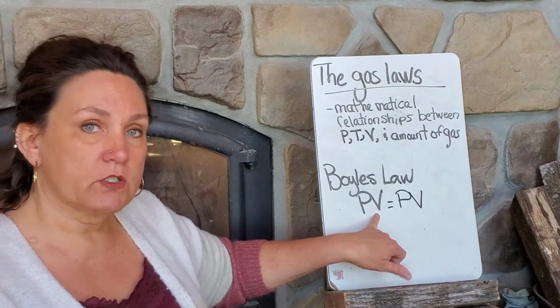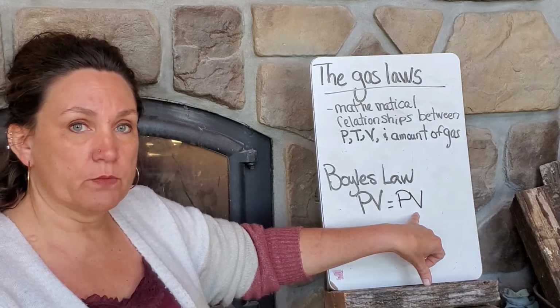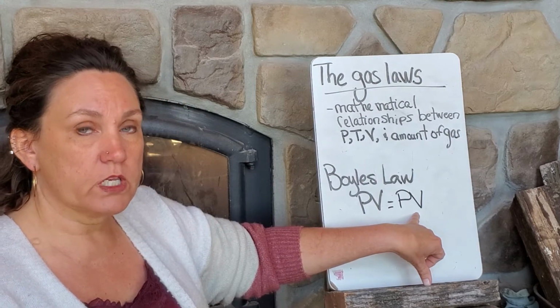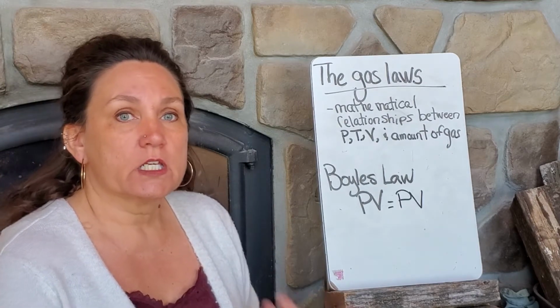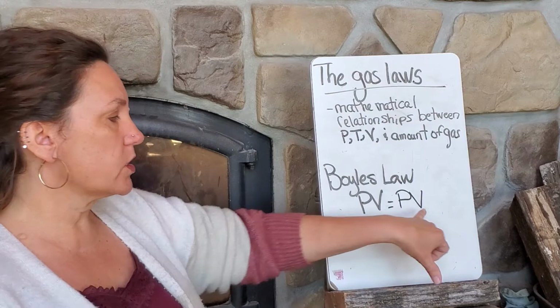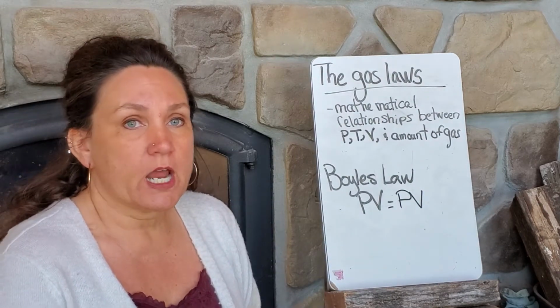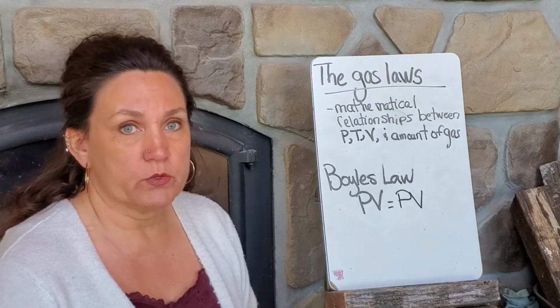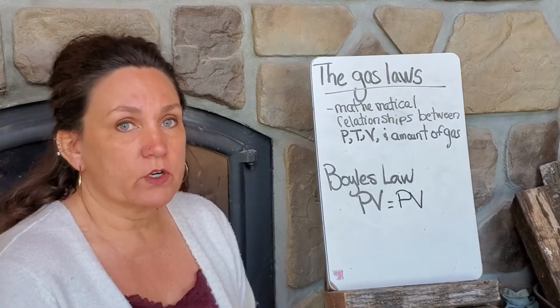If volume is given to you in liters, you need to be sure that volume here is also in liters. So we have to double check our units and convert. So if one was liters, one was milliliters, we need to make them the same unit.